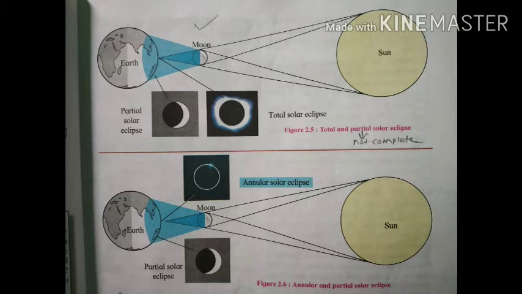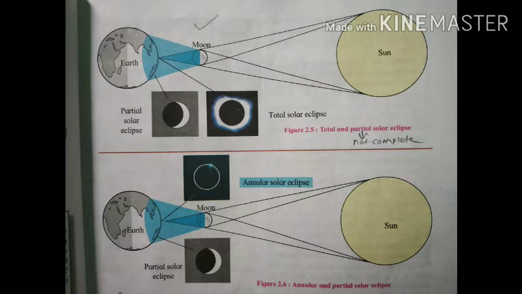Sometimes the moon is in the opposite position. This means it is at its farthest, far away from the earth. As a result, the deep shadow of the moon is cast in space and does not reach the earth.